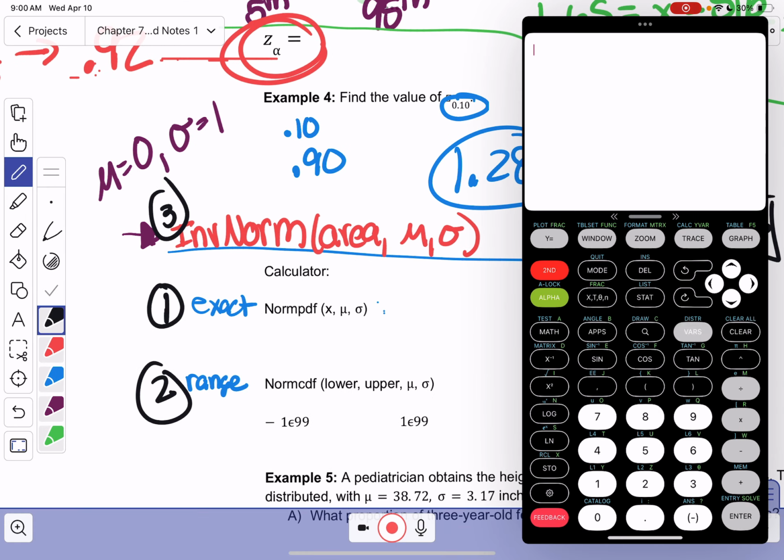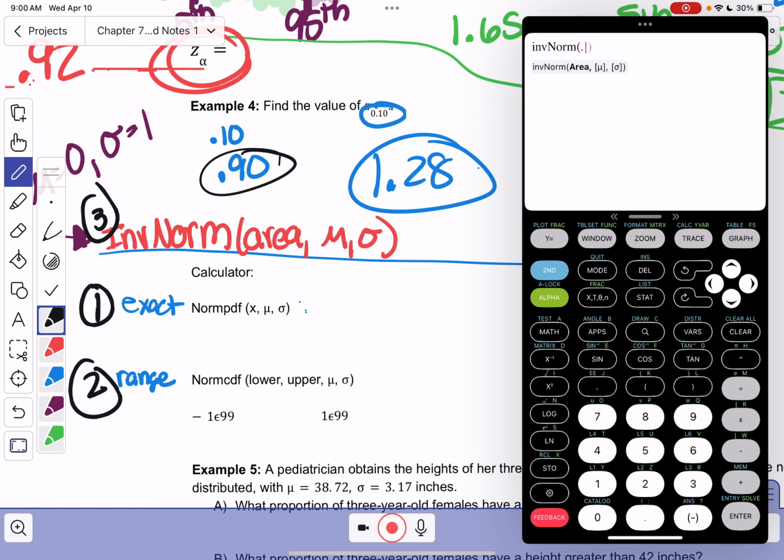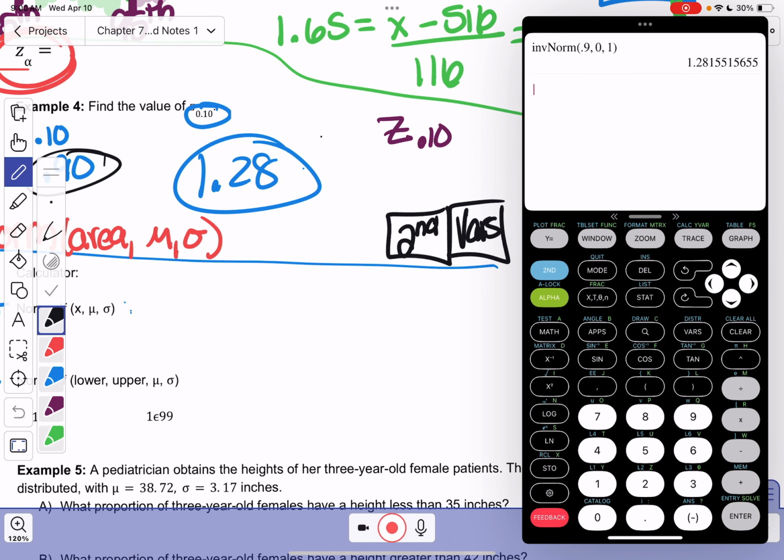So second vars, inverse norm. Our area is the percent, which would be 0.9. We don't have a mean and a standard deviation, so we use 0 and 1. And it spits out 1.28. So look, it gives us the same answer.